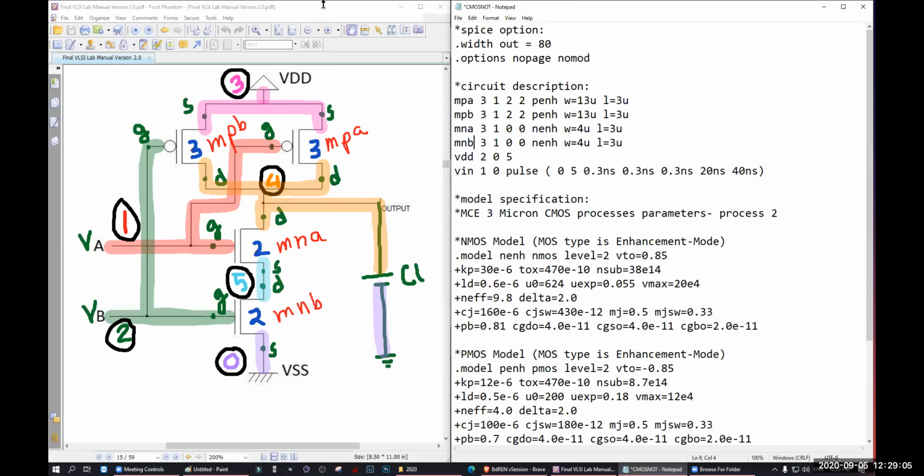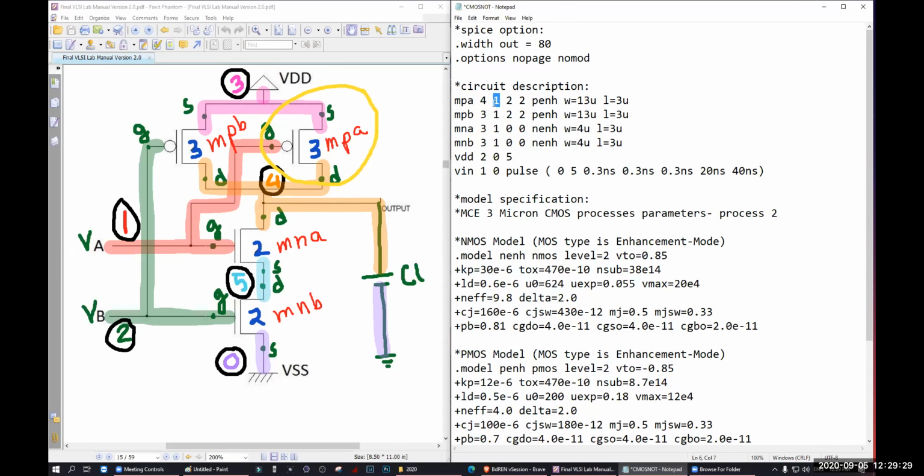So the first one is MPA, right? Yes, sir. Where is it connected? Drain, gate, source, body. What is the drain? Drain will be 4.